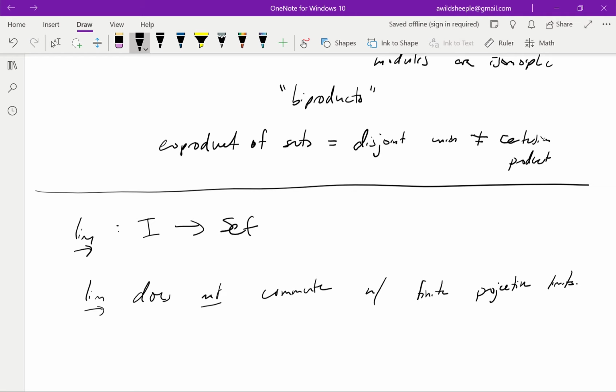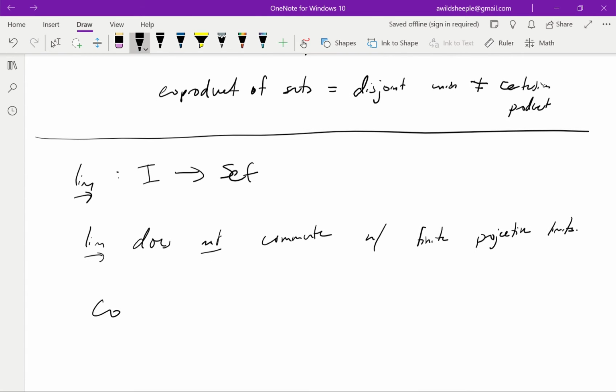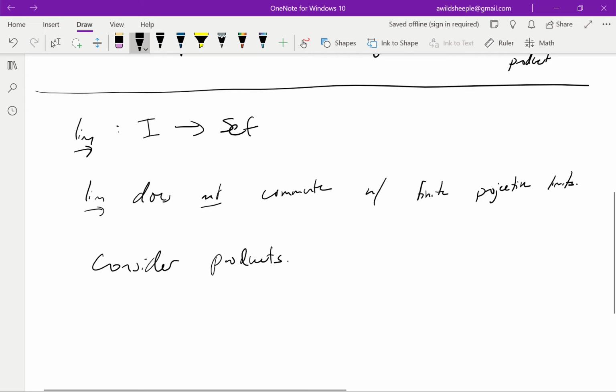And so how do we understand this? Well, what happens is we suppose it does, for the sake of a computation. Let's look at the simplest finite projective limit. That's the product. Then what we do is we know that if this forgetful functor commuted with the product, then it would follow that the following little calculation would make sense.